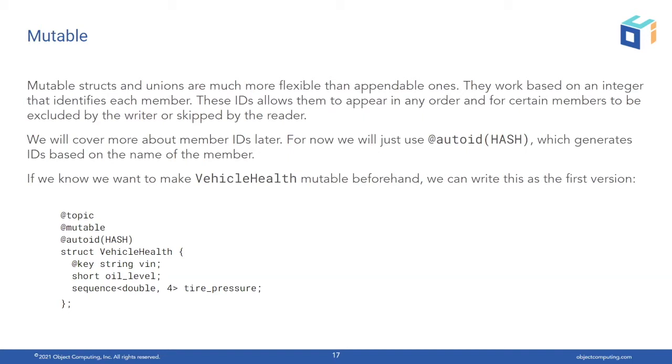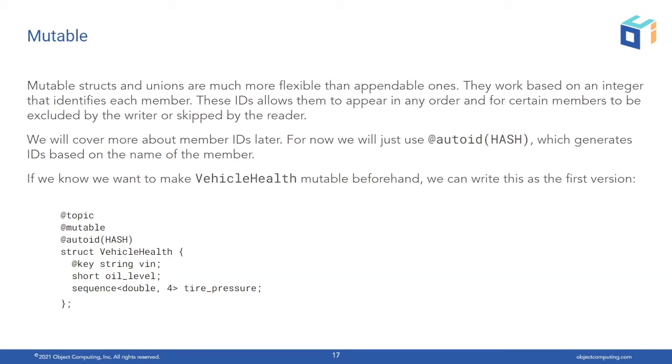These IDs allow them to appear in any order, and they also allow them to be skipped or excluded by the writer whenever it doesn't know what that ID means, depending on the circumstances. We'll cover more about IDs a little later, but for now we will use auto ID hash, which generates the IDs based on the name of the member.